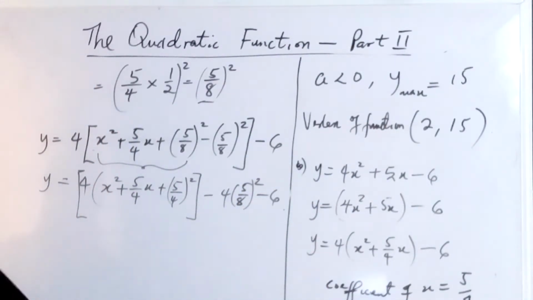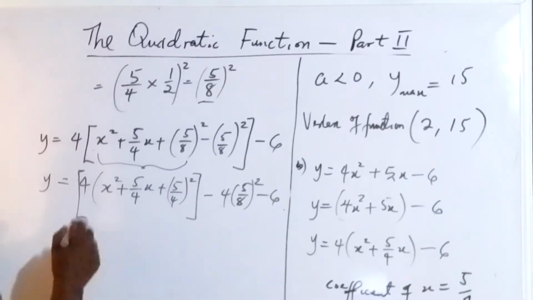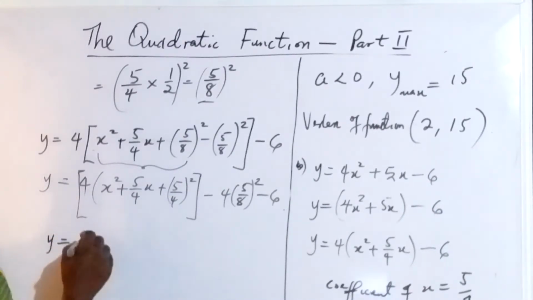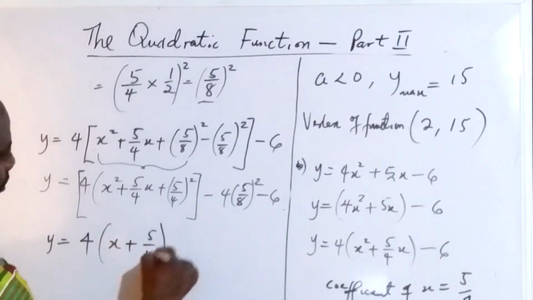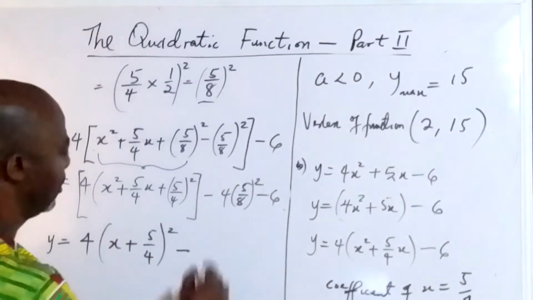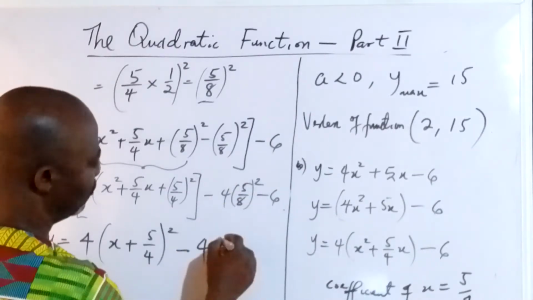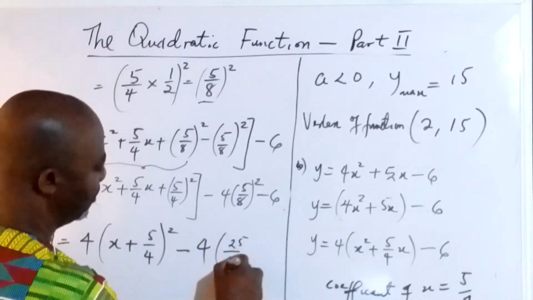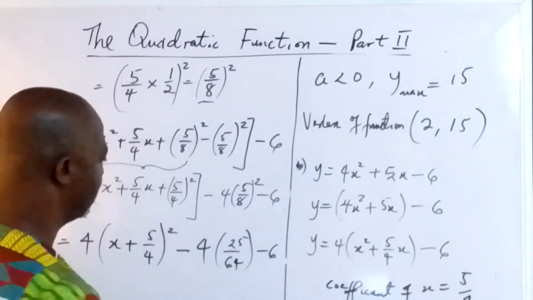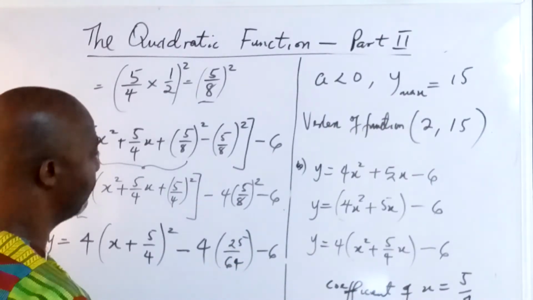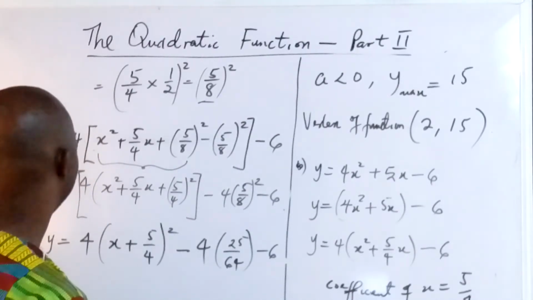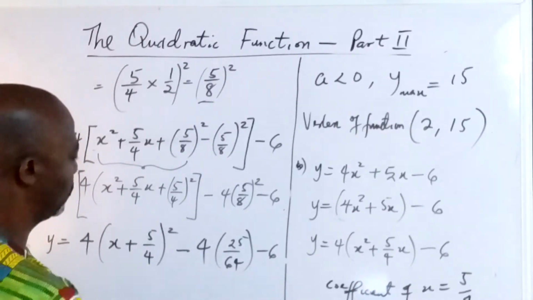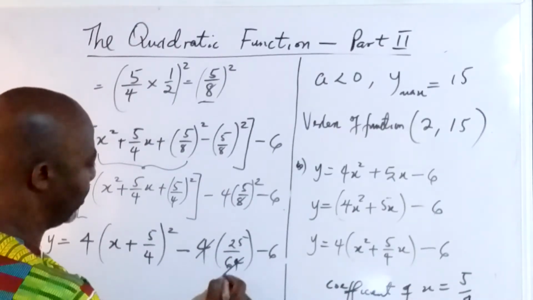So what we are going to have now is y equal to, so we factorize this, x plus 5 over 4 squared minus 4 times, this is 25 over 64, minus 6. Okay, so we have 4, we go with this.